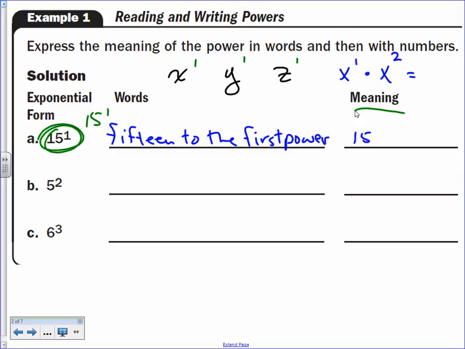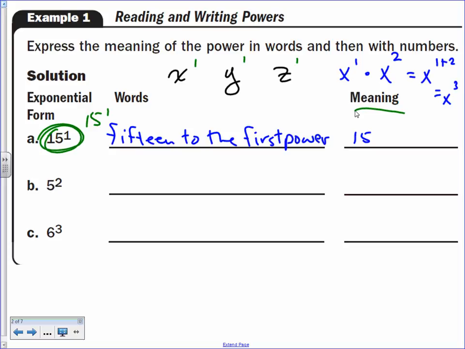So by rule, if I'm multiplying 2 numbers that have the same base, or 2 variables that are the same, we do what with the exponents? We add them. So it'd be 1 plus 2, which equals 3. X to the third. And that's why we do that. Everybody understand? Hopefully you're writing this down because it's information you're going to need to know later on down the road.